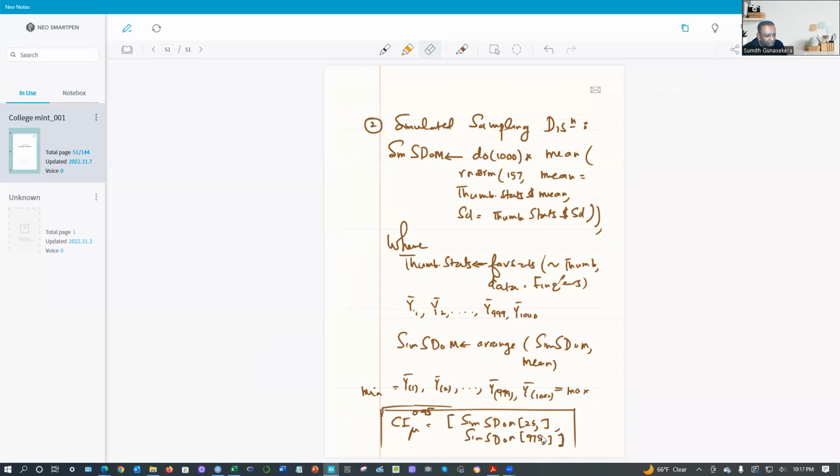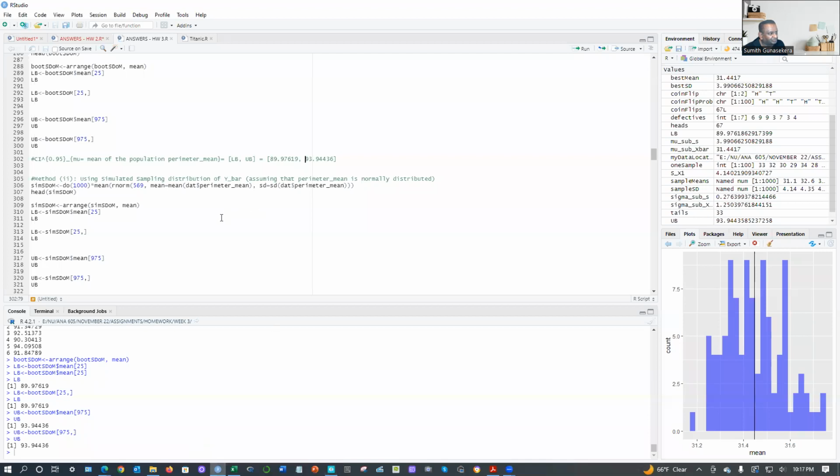Then you need the lower bound and upper bound. It's in a similar fashion.